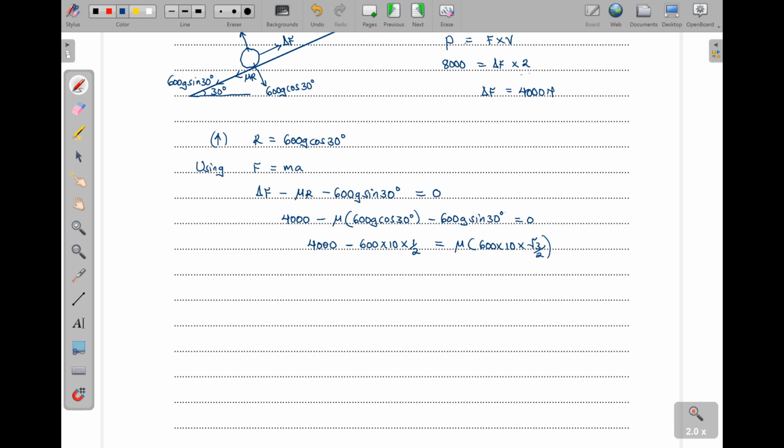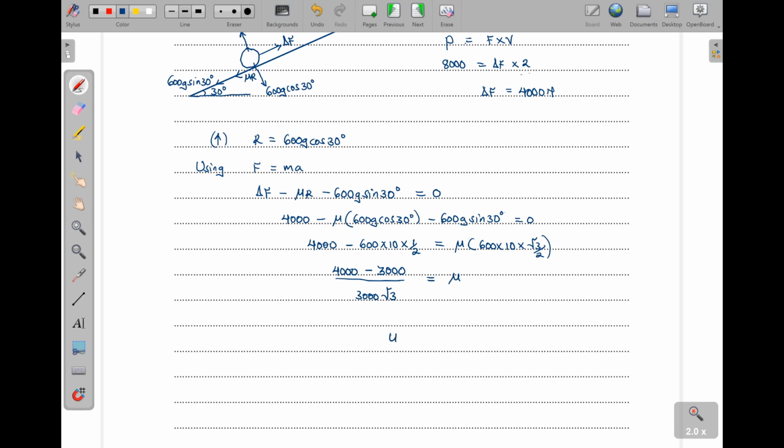So meaning we shall have 4,000 minus 6,000 divided by 2, that will be 3,000. Then we shall divide by what is here. So 6,000 divided by 2, that is 3,000. So we shall have 3,000 times square root of 3. That will be the value of mu.